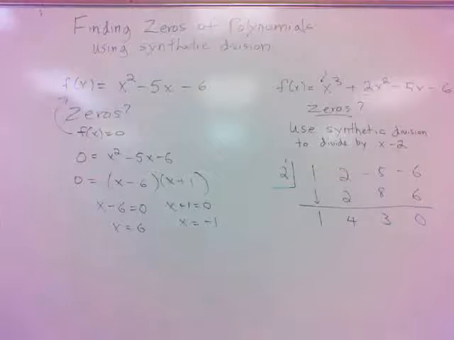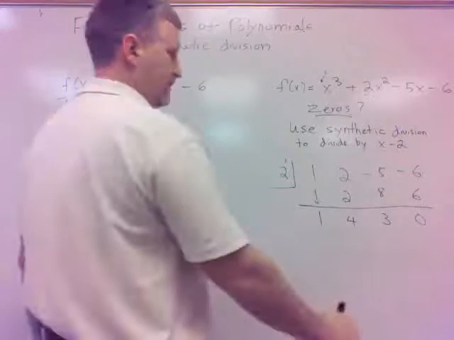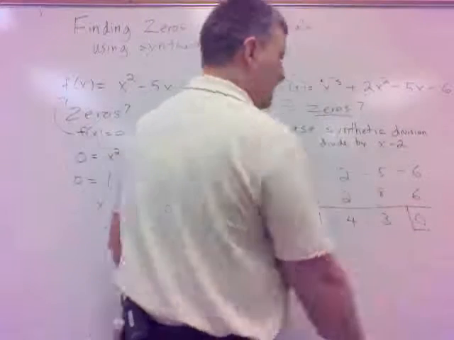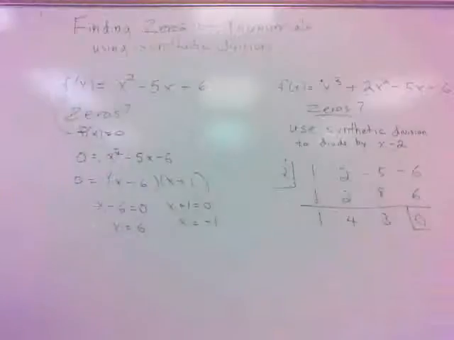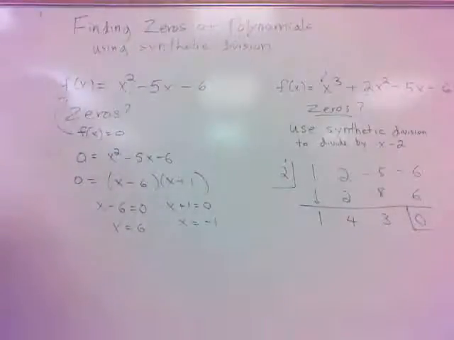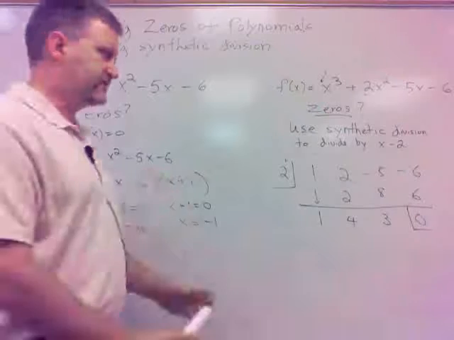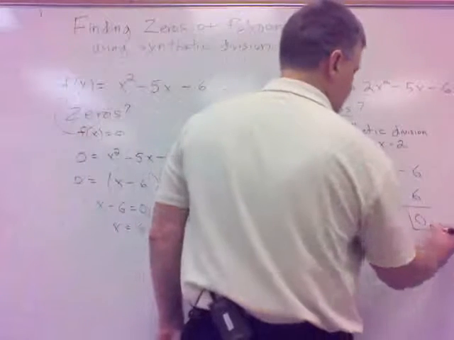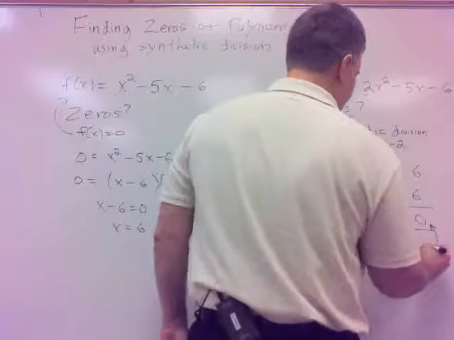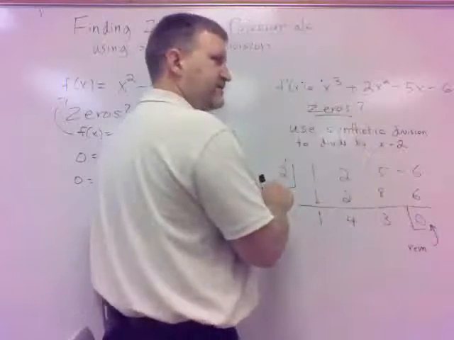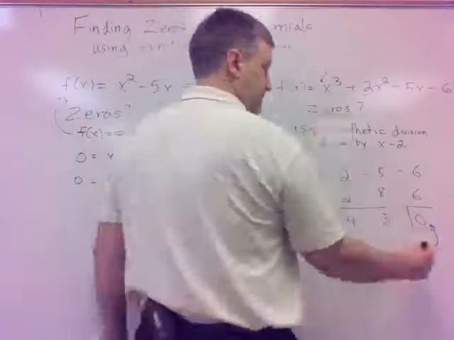Okay, so first things first. When I get a remainder of 0, I haven't mentioned this before, what that means is, one thing this means, it means the number in the box up here is a 0 of the function.